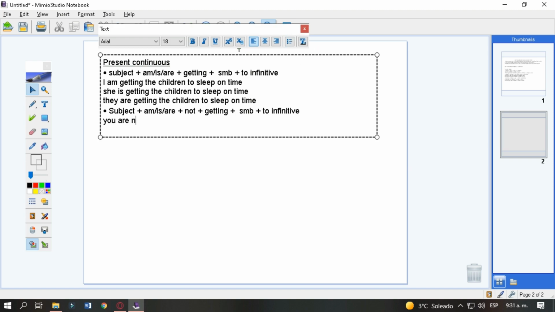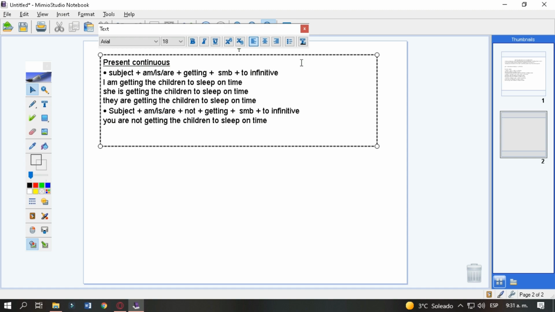You are not getting the children to sleep on time. He is not getting the children to sleep on time.